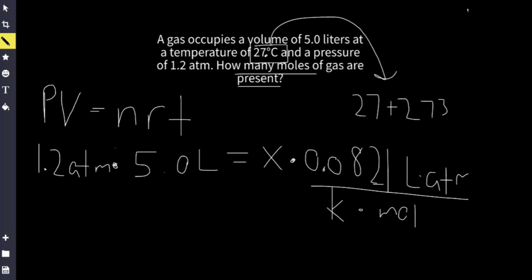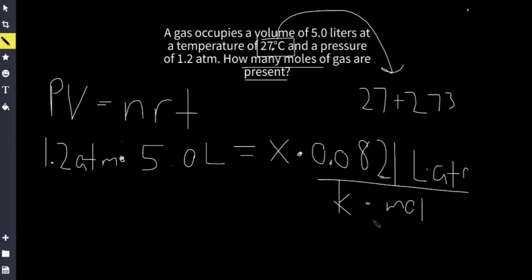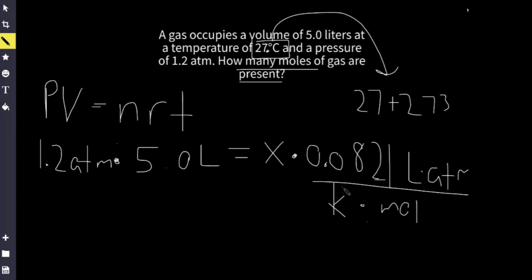So now you see how the Kelvin here matches up with the Kelvin in the ideal gas constant. The way I like to think about it is just make sure that all your units match up with the units in your ideal gas constant. You have atm here, liters here, Kelvin here, and you're trying to solve for moles.